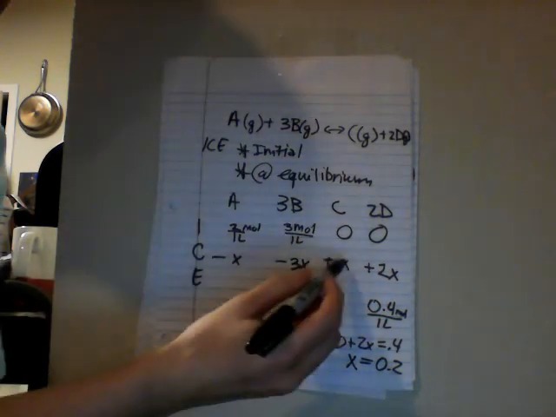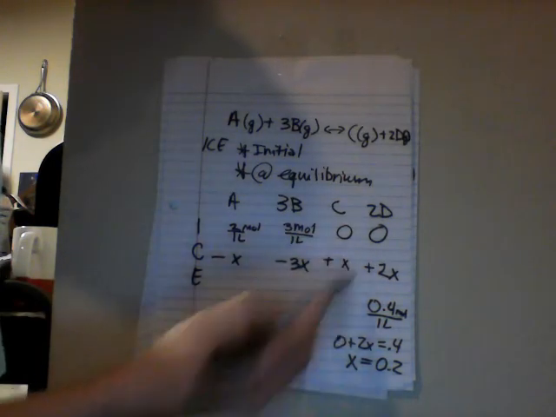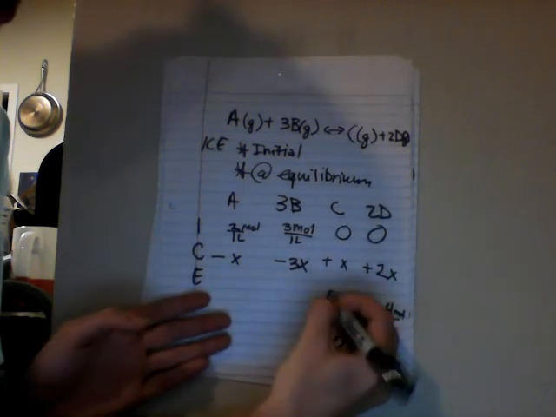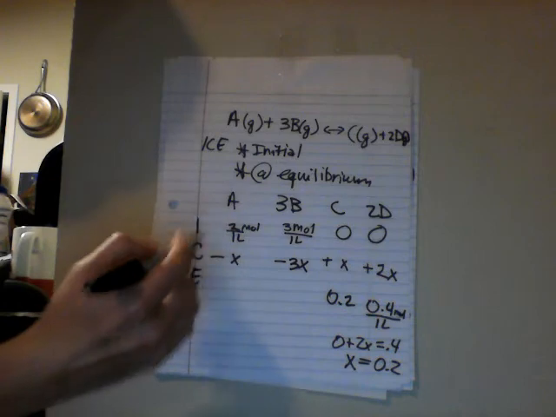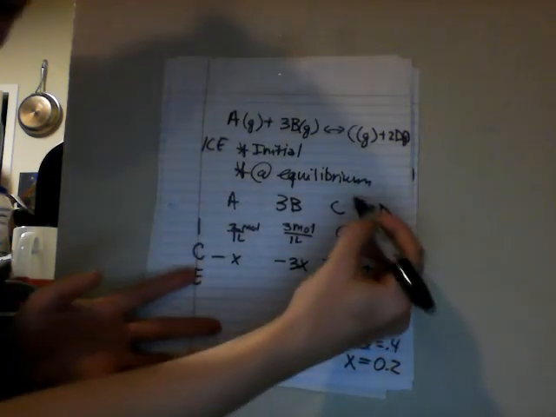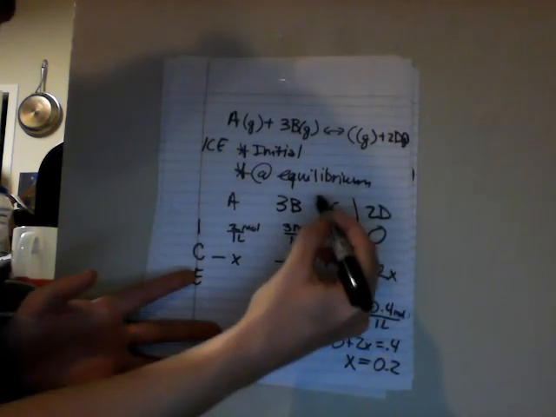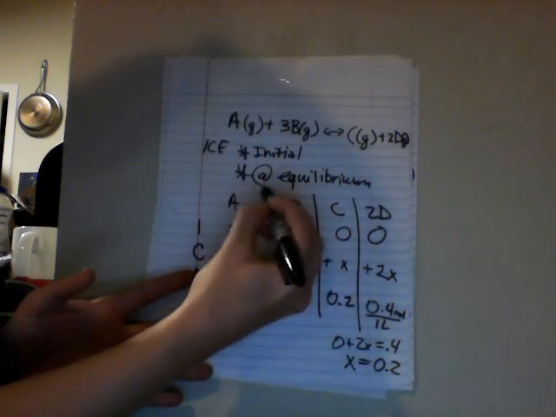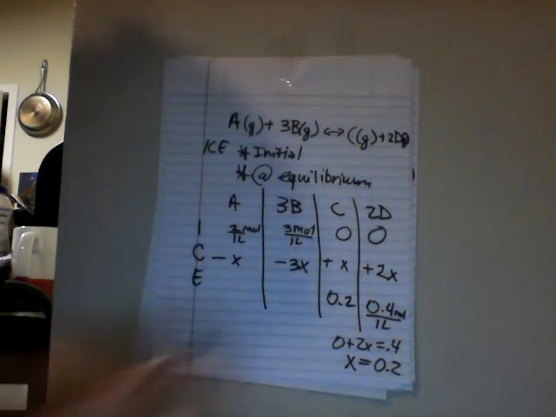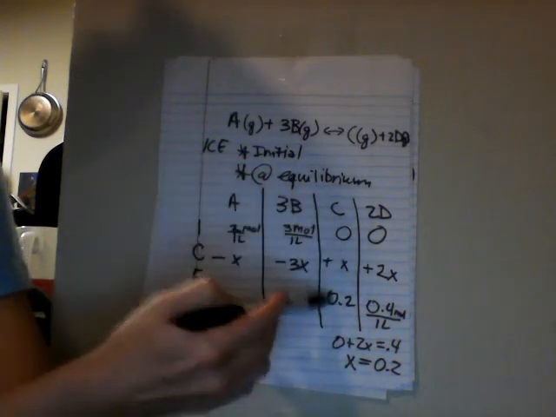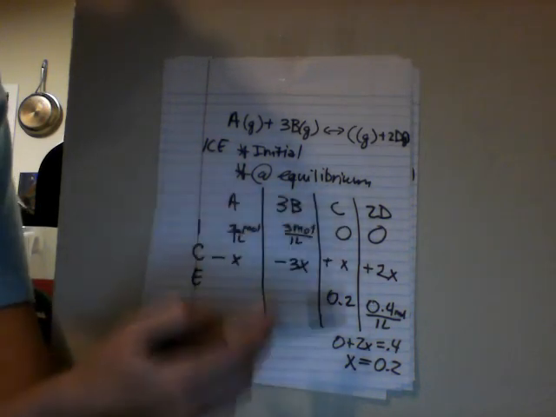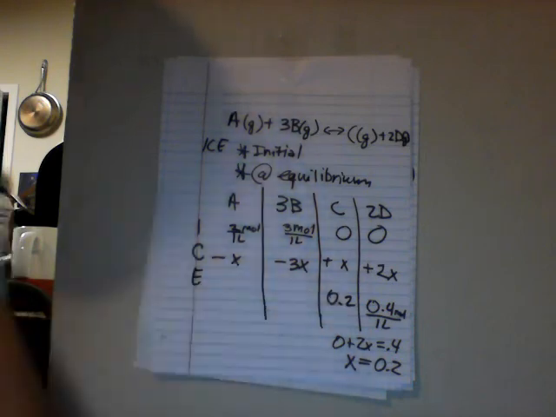So in each of these cases, I can say this is plus 0.2. So down here, my value is 0.2. So my equilibrium value for, maybe I should write lines in between so it doesn't get confusing. Yeah, that's probably a little better. So my equilibrium value for compound C or molecule C is 0.2.